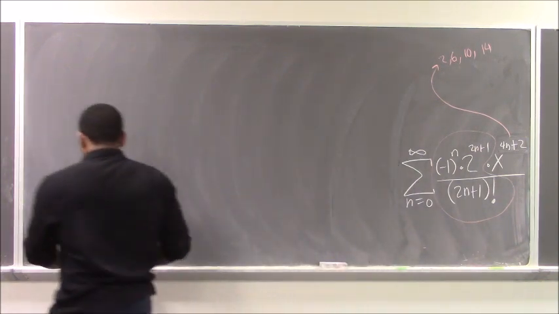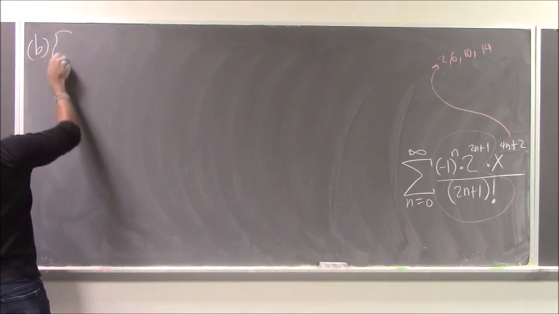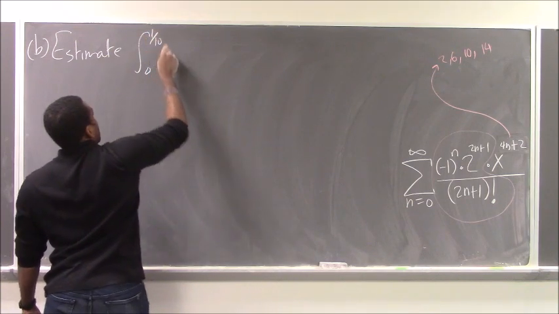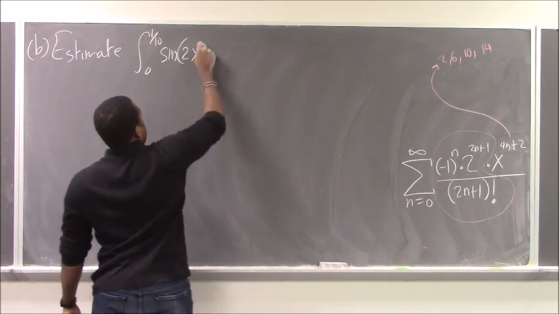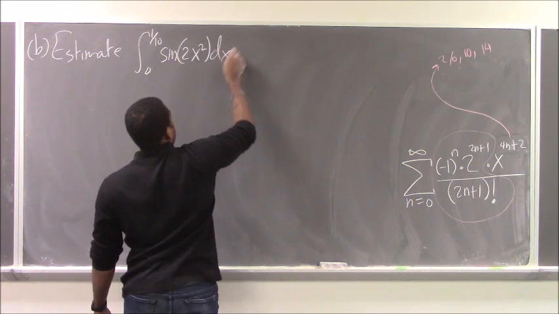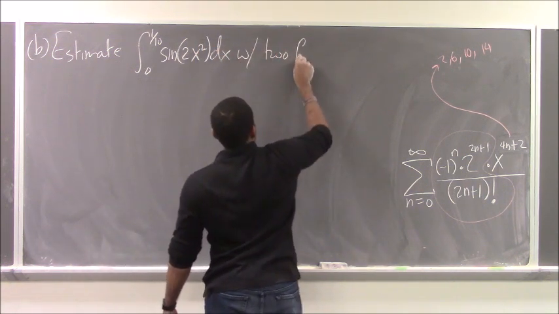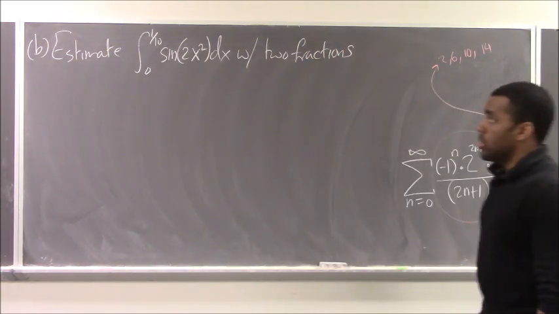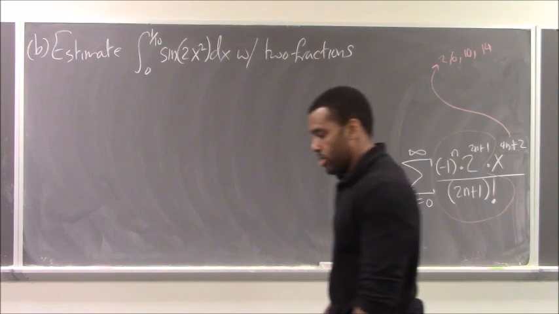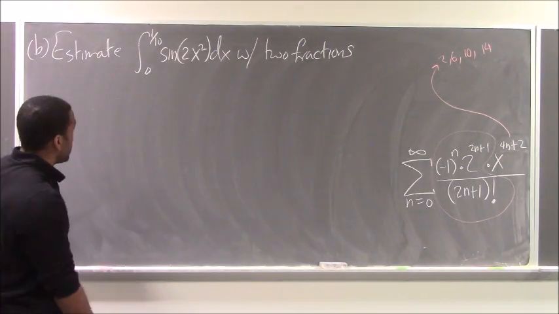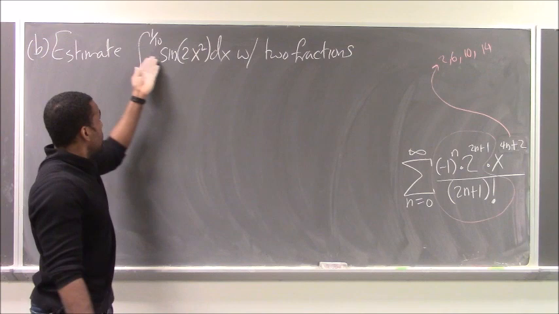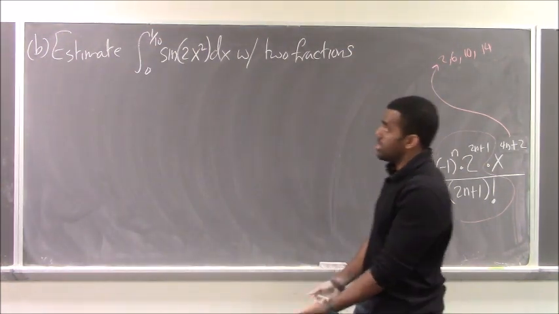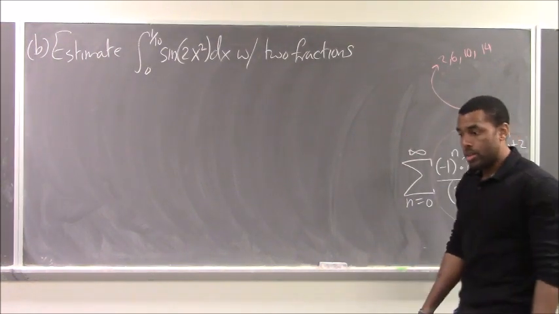So now the second part was, using a sum of two fractions, estimate that integral. Now the first thing I want you to appreciate is that this integral, if it was indefinite, you couldn't actually do it. The antiderivative is not elementary, right?